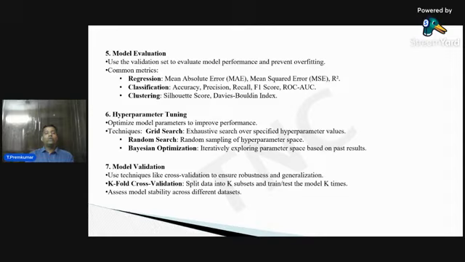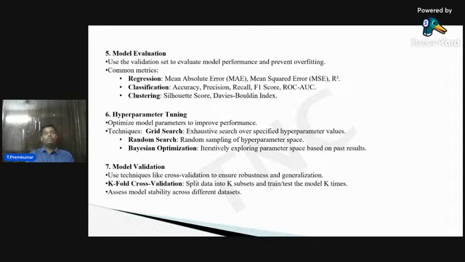The common metrics exist for regression, classification, and clustering. These methods are used either to reduce the error or to improve the performance. We can go for the evaluation for maintaining the model evaluation process.